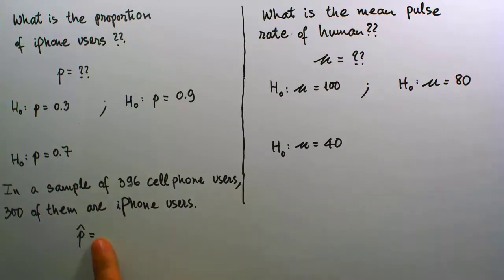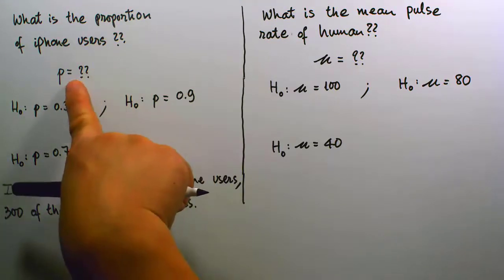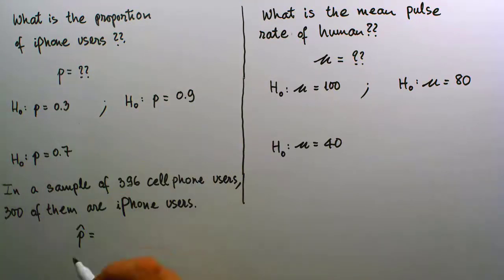We have learned long enough up until this point that this answer will never be the answer to that mysterious question, the actual population proportion of iPhone users. But this is how useful a sample can be. At least this sample is a reality for us: in 396 cell phone users, we found 300 of them are iPhone users.